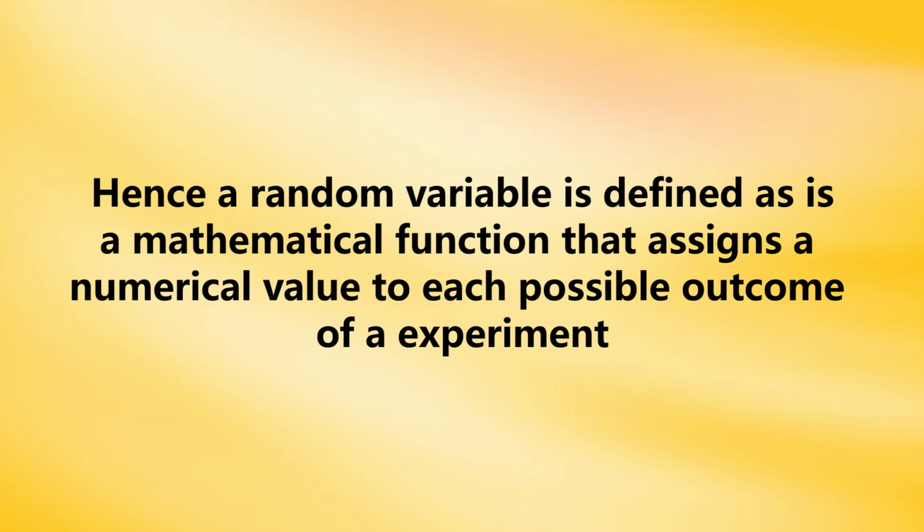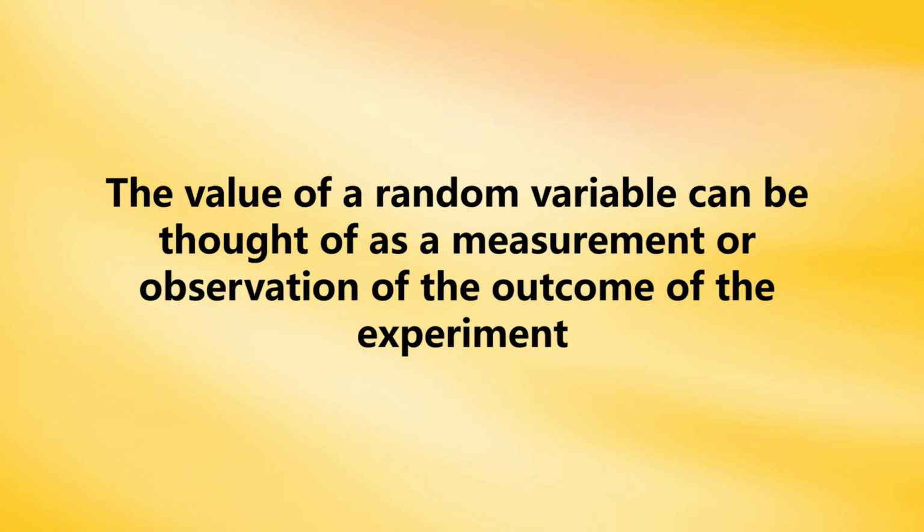Hence, a random variable is defined as a mathematical function that assigns a numerical value to each possible outcome of an experiment. The value of a random variable can be thought of as a measurement or observation of the outcome of the experiment.